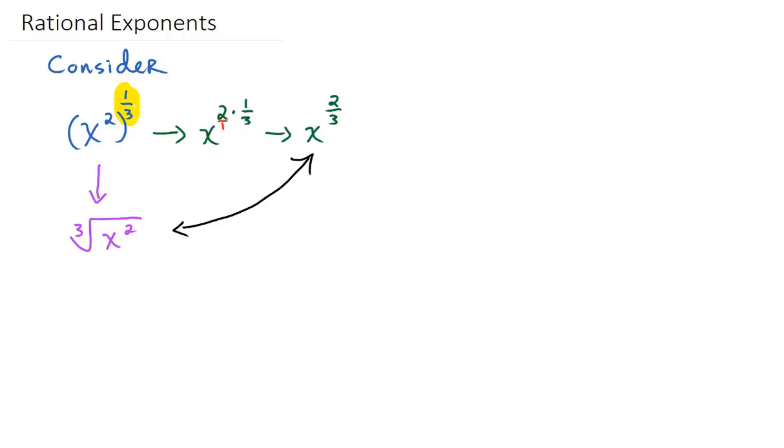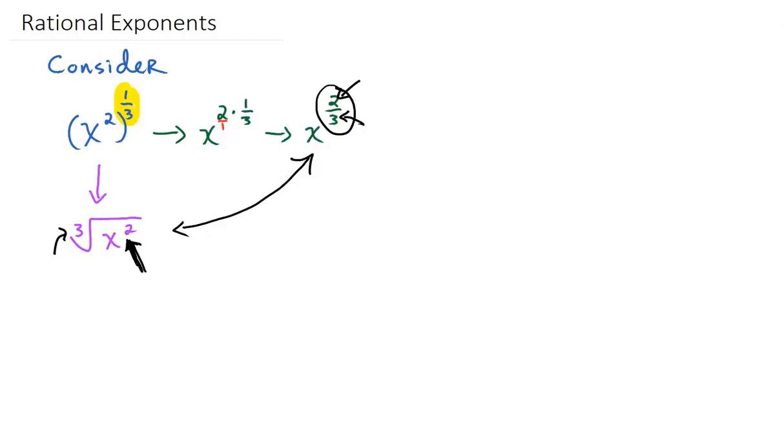When we have a fractional exponent that doesn't have a 1 for the numerator, it stays an exponent when it converts to a radical. The denominator still translates into the index, but the numerator stays an exponent inside when it's converted to a radical.